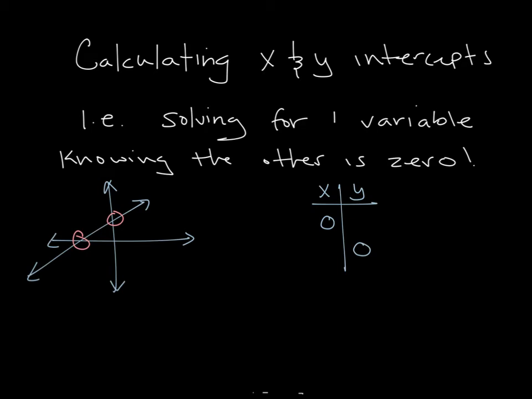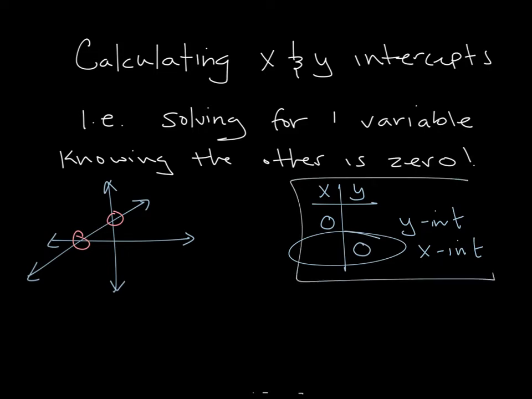So, in other words, the variable I am solving for is the intercept I am calculating. So this is the y-intercept. The bottom one here will be calculating for x, so I am using the x-intercept here. That's important. This is a tool that I will be utilizing throughout the rest of this video.